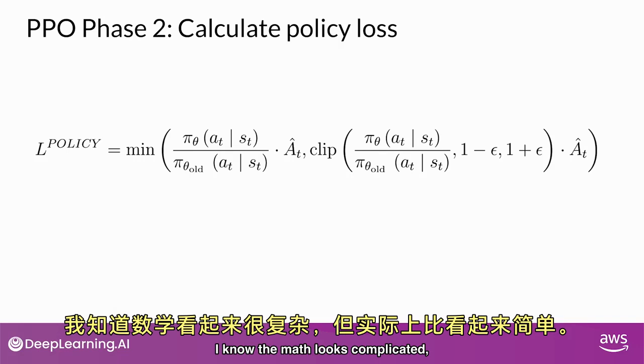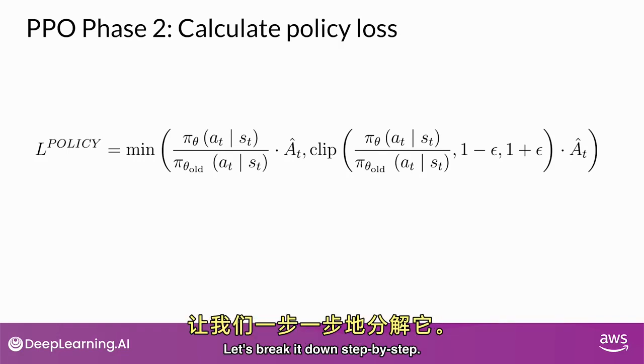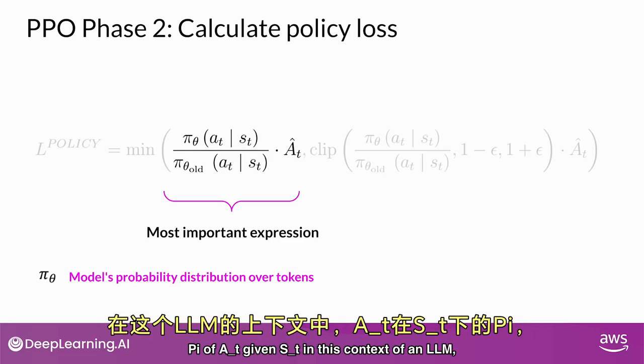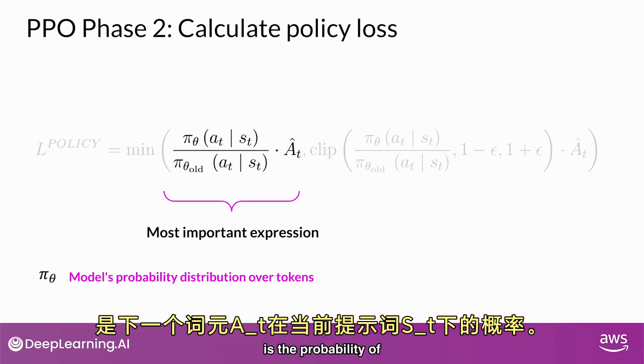I know the math looks complicated, but it's actually simpler than it appears. Let's break it down step by step. First, focus on the most important expression and ignore the rest for now. Pi of a sub t given s sub t, in this context of an LLM, is the probability of the next token a sub t given the current prompt s sub t.